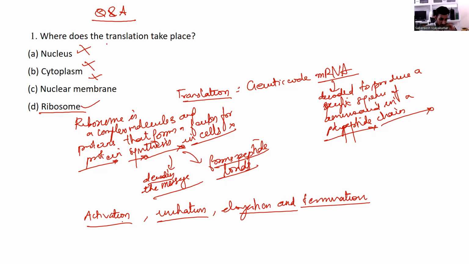These are the main steps of the translation process. Activation, initiation, elongation, and termination.